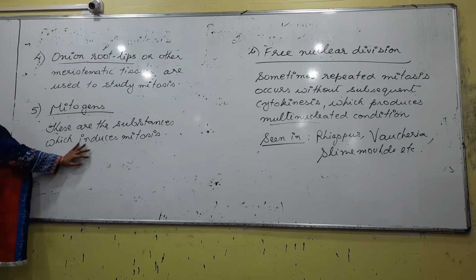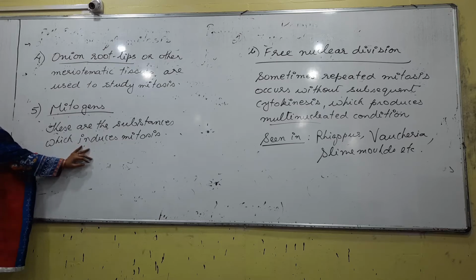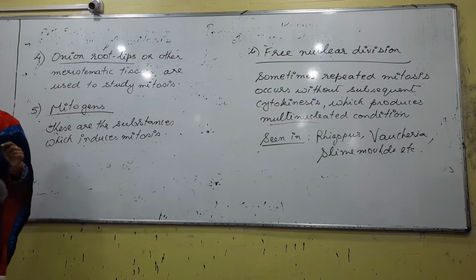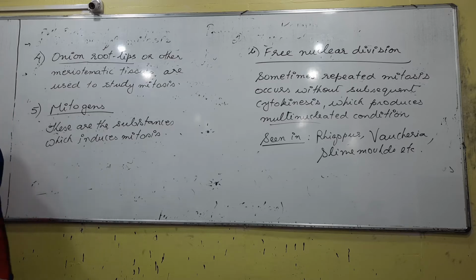Auxin also helps, but to be more precise, cytokinin helps in cytokinesis. So the hormone that basically helps in cell division is always cytokinin. Auxin also works, because when auxin is applied, a part will elongate, right? Whichever part, the root tip or the shoot tip. Gibberellin causes internodal elongation. We will be studying all this later.